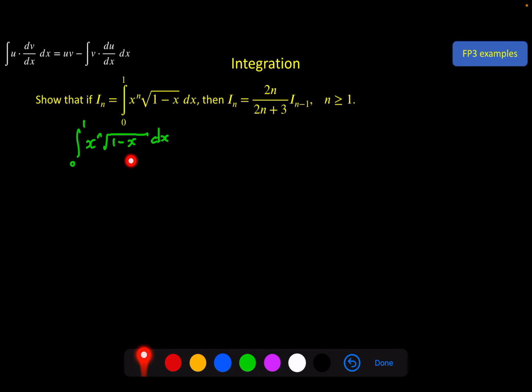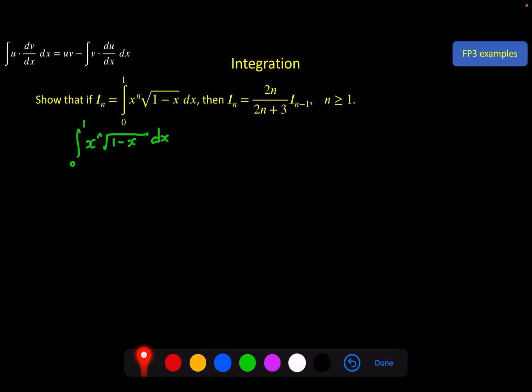And as with the previous one, we've got an obvious u and an obvious dv by dx. Because if we try to make this u and differentiate it each time, the problem is not going to get easier. But if we make this term u, it will eventually get down to this term going away and just leaving us with this, which we can integrate.